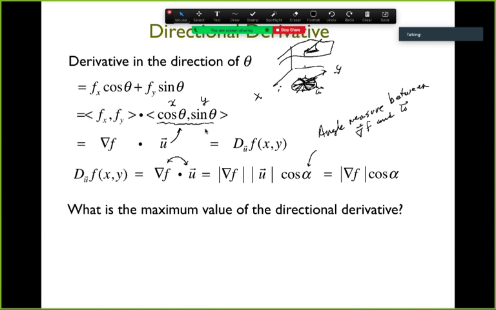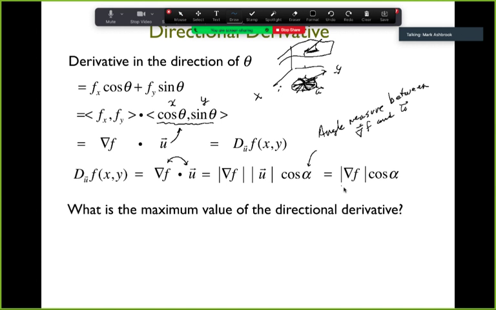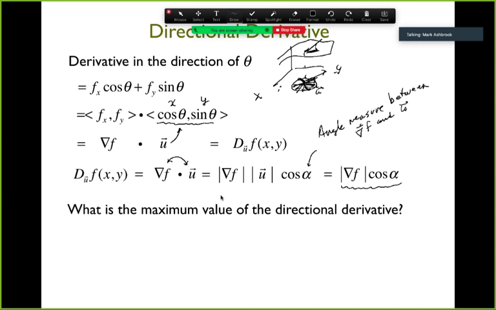Okay. Cool. All right, so now we're ready. Our directional derivative is this, and this is going to help us figure out what the maximum value is. So what's the biggest this can be? We have the magnitude of the gradient, which has no flexibility, and then we have cosine of alpha. What's the biggest that can be? 1, right?